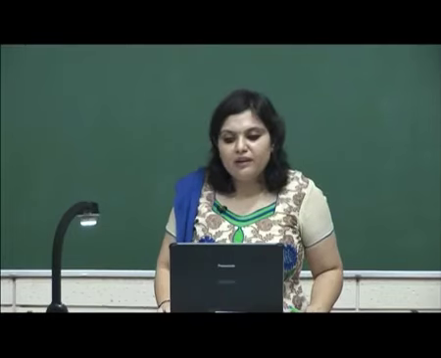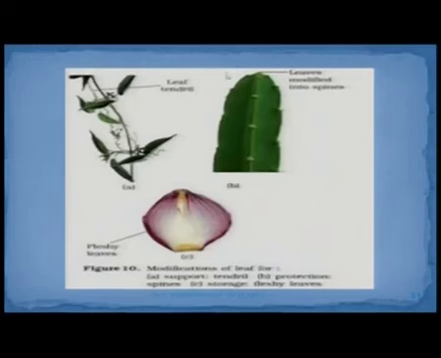Coming over to next modification, we had earlier also talked about cactus, where the leaves are modified into spines. Why? Because cactus grow in very dry and arid areas where the plant tries to save every bit of water that can be saved, and so to reduce the rates of transpiration, the leaves are modified into spines.